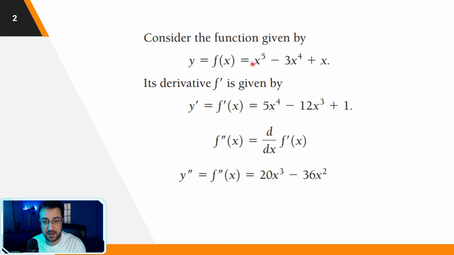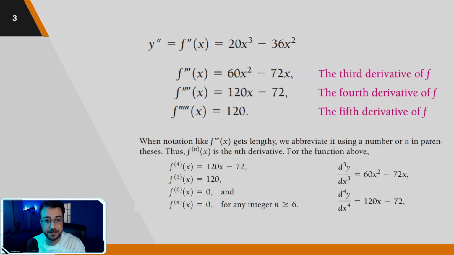So we derive that function twice, by deriving it the first time, then deriving the first derivative again, that gives you the second derivative. So here 5x to the power of 4, 4 by 5 would be 20x to the power of 3 minus 36x squared, and the 1 is a constant, it will go away in the second derivative. As easy as that, nothing to be scared about.